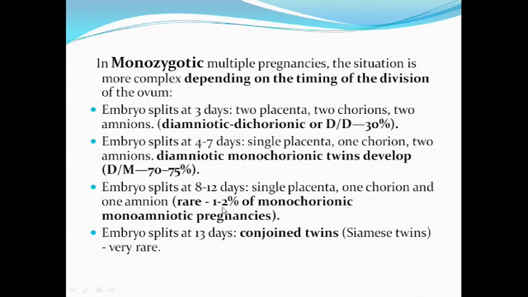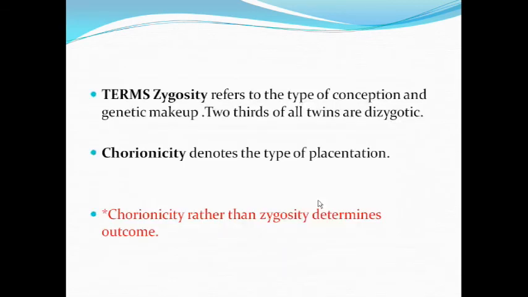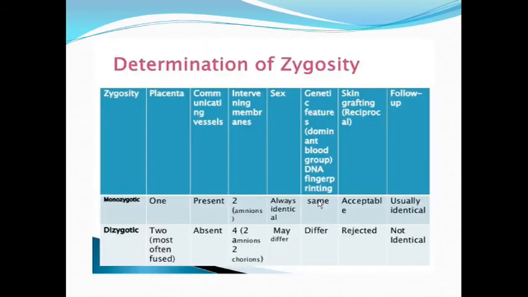In rarest cases it can be only 2 layers, 1 chorion and 1 amnion. So in most of the cases it will be 3.